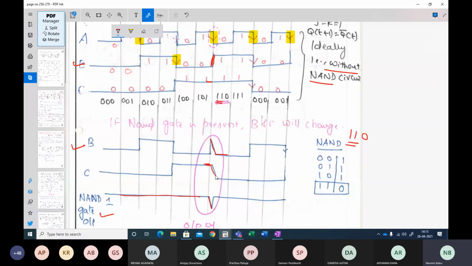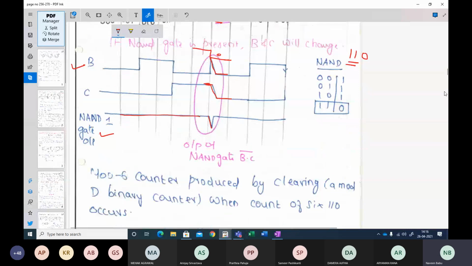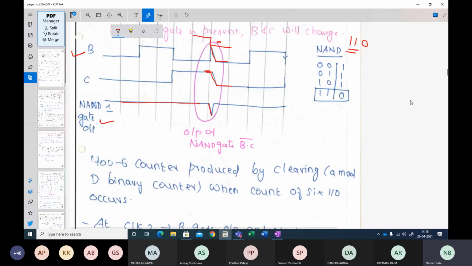It is 1 here, again it is cleared and comes back to 0. We have connected it to A also, right? So A also, let me draw here. A is also transitioning from 1 to 0 and it will continue to be 0 here. And since we are resetting it, it will continue to be 0. Okay, so this is how we are resetting our mod 6 counter.